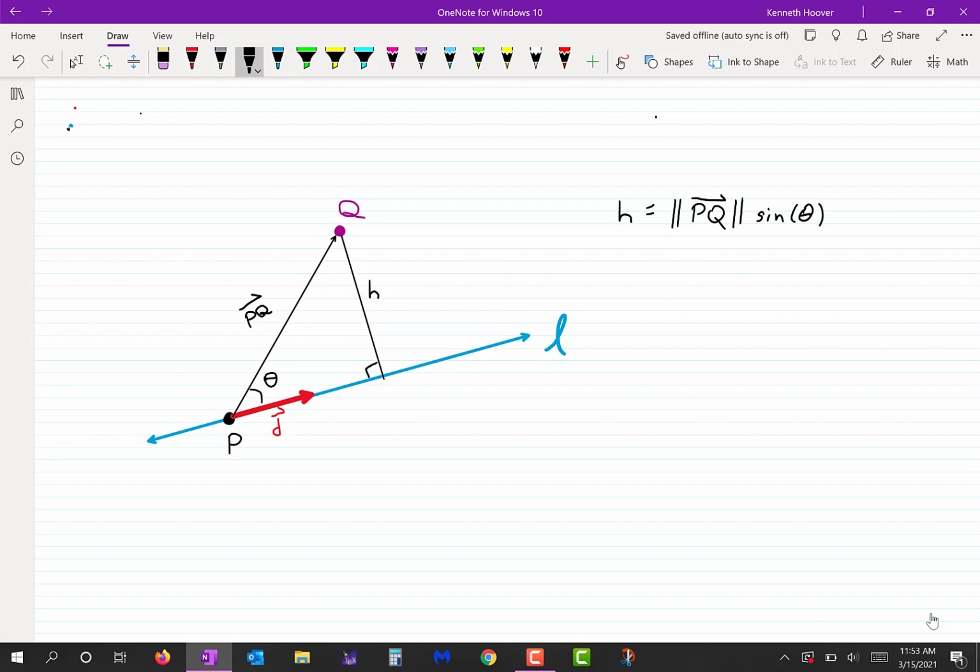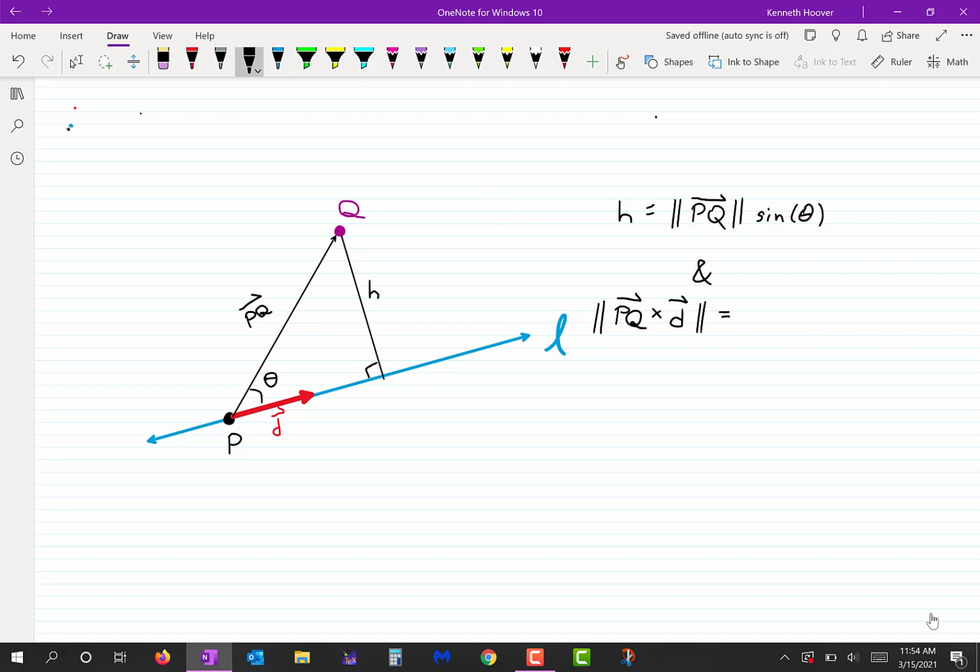Okay, but we also know something else from our previous lectures. We also know that the magnitude of the cross product, vector PQ crossed with D, equals, do you remember what that would equal?